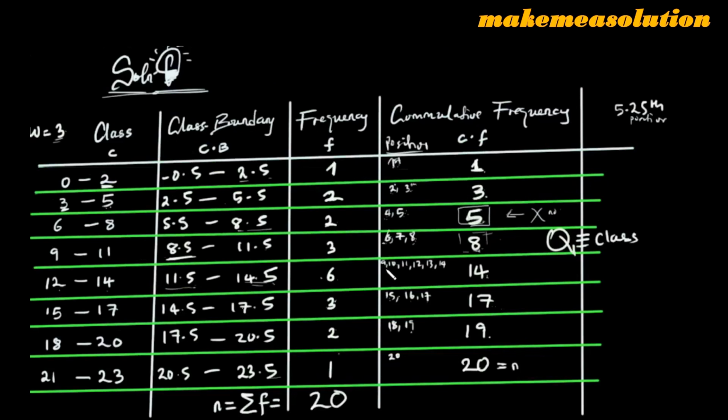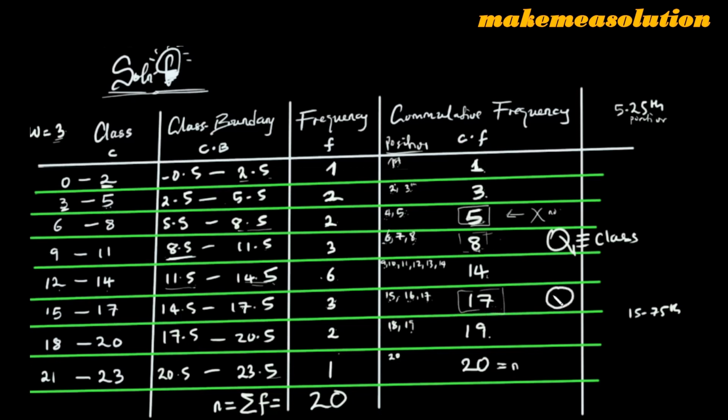You can see that this is 9, 10, 11, 12, 13, 14, while this is 15, 16, 17. So positions 15, 16, 17 are lying in this particular class. Since this is 15 and 16, you know that the 15.75 position is actually between 15 and 16. So all of them are engrossed in this class having a cumulative frequency of 17.